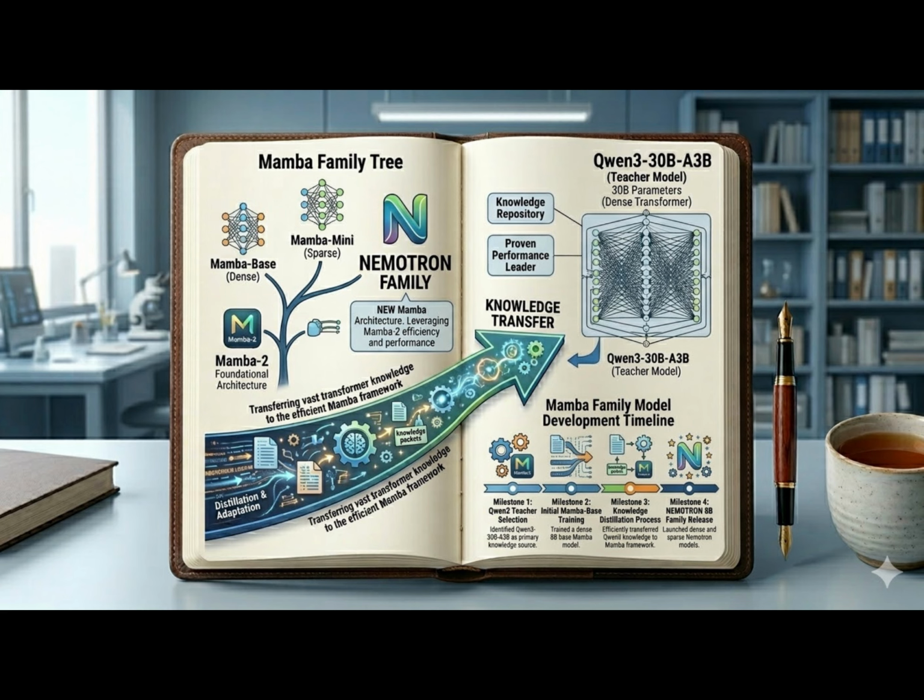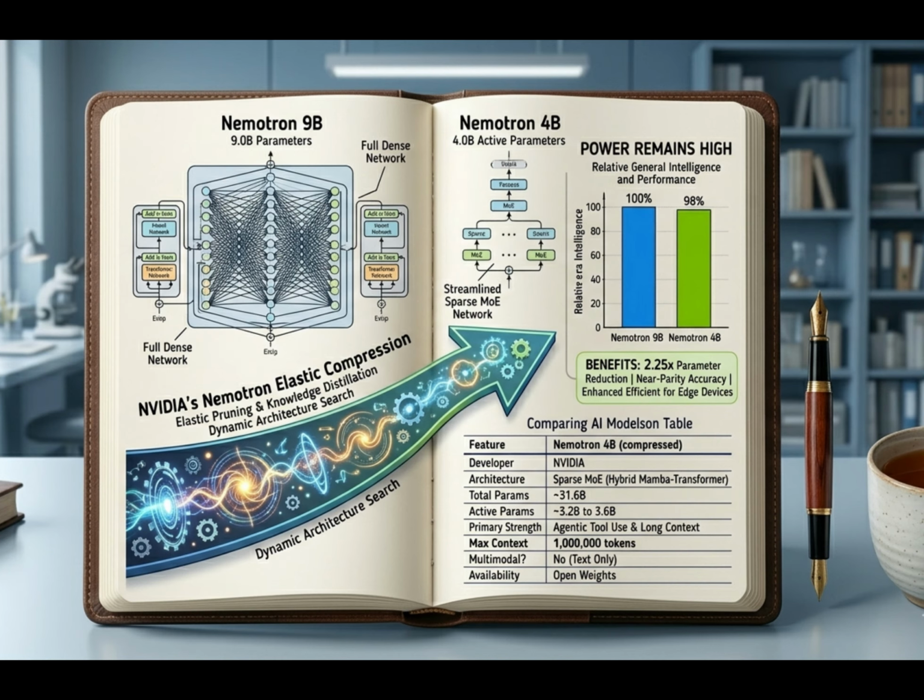It created this Mamba architecture with long context and all the benefits that we saw, and it used the Qwen model with 30 billion parameters to train all the family of the Nemotron. That is maybe the reason that the model answers that it is Qwen. It had a lot of time with Qwen.